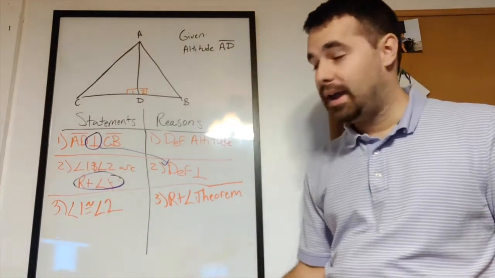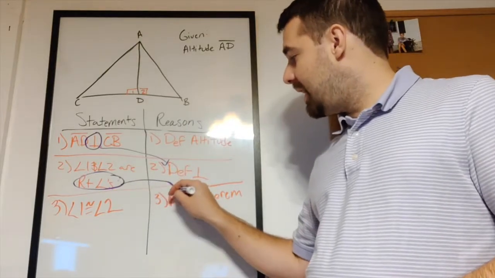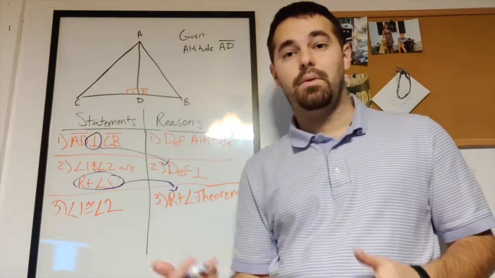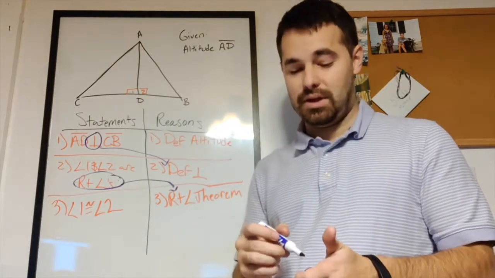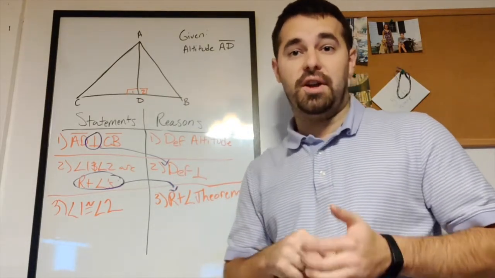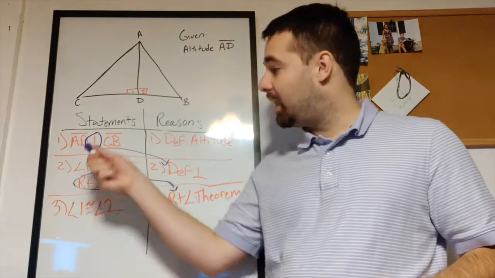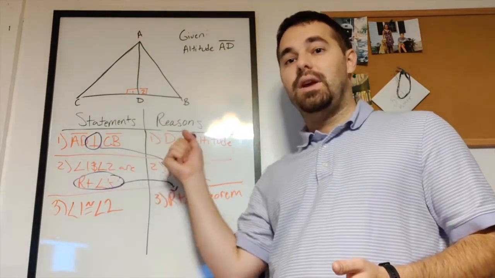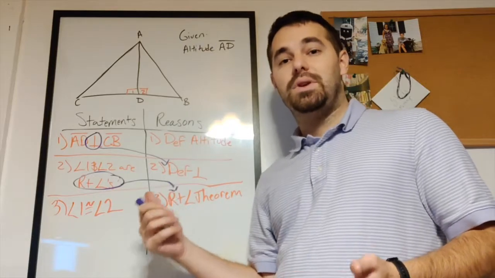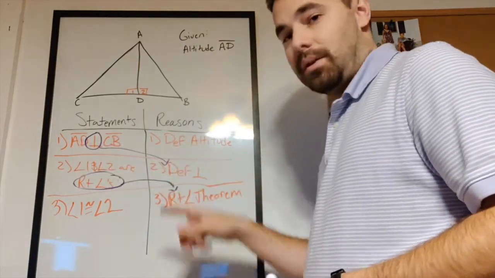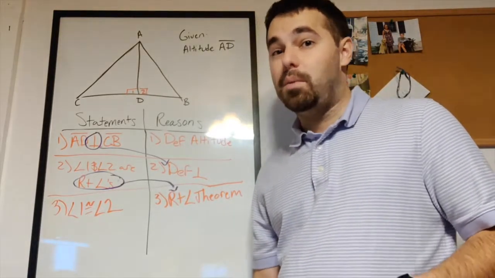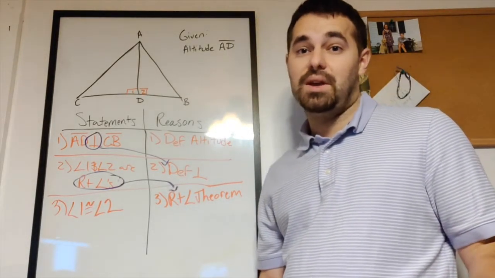We got the right angles, and that becomes our reason for the next step. We're starting to build an argument. We're starting to build a case, if you're thinking about it like a jury in a courtroom. We're gathering evidence and using it as we see fit. So, this pattern of down and to the right is almost always going to be helpful.